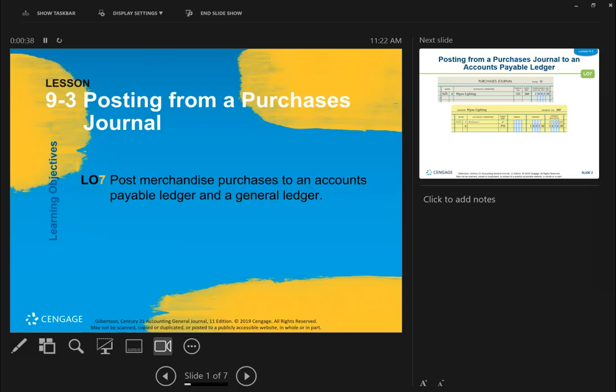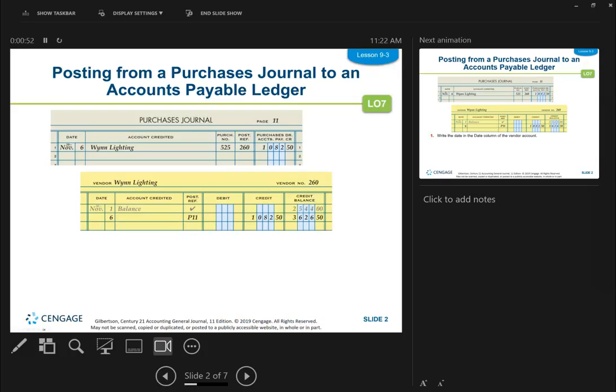So in 9.3, we're talking about posting from a purchase journal. What does posting mean again? It's like you're transferring into the ledger, right? That's what we mean by posting. So, for example, if we have a transaction recorded in our purchase journal, you find the corresponding vendor subledger, and you're just going to transfer in that transaction.